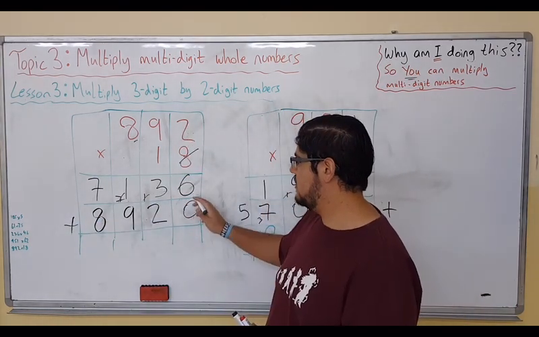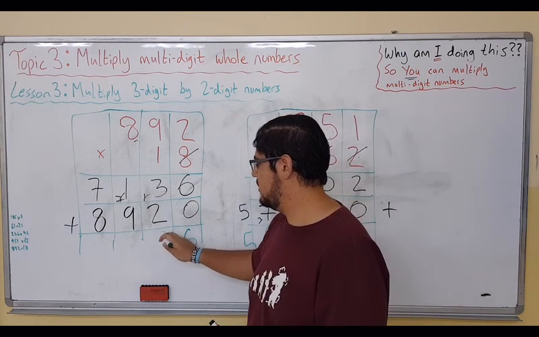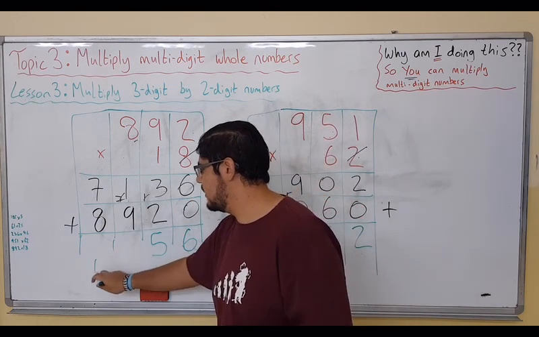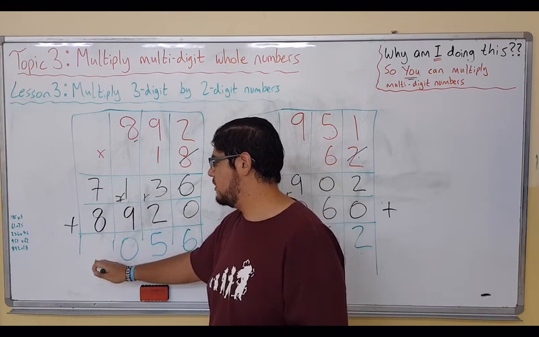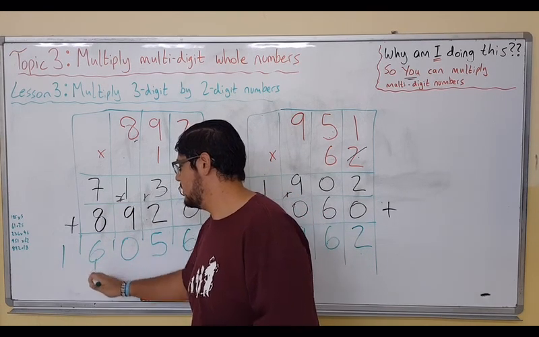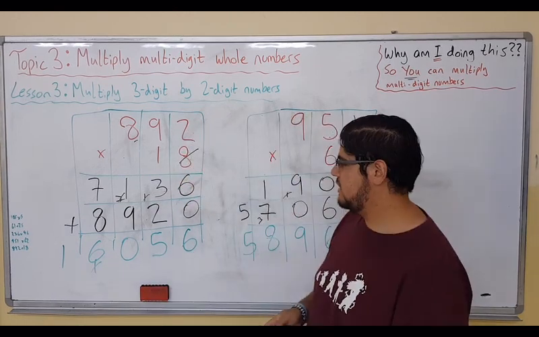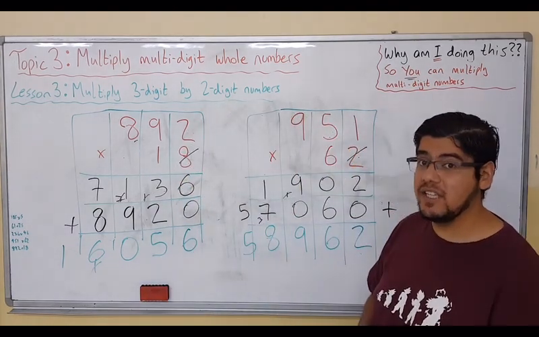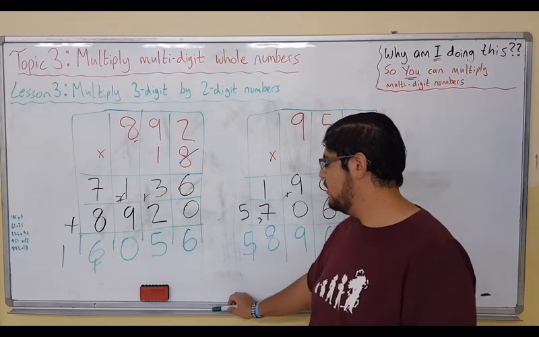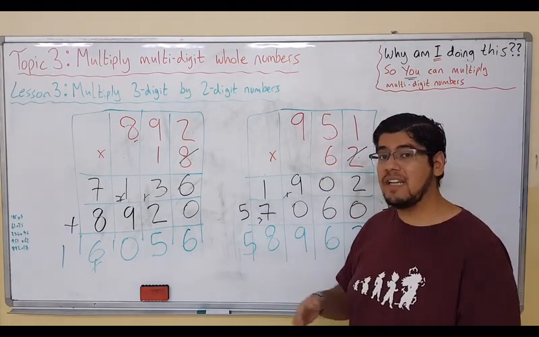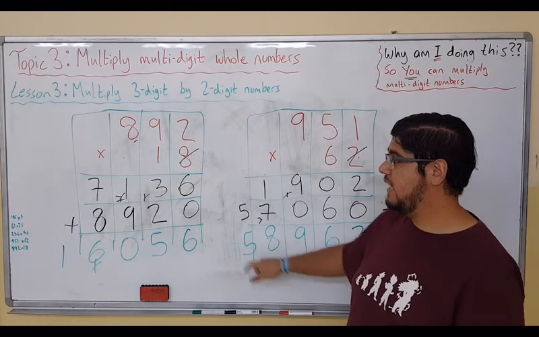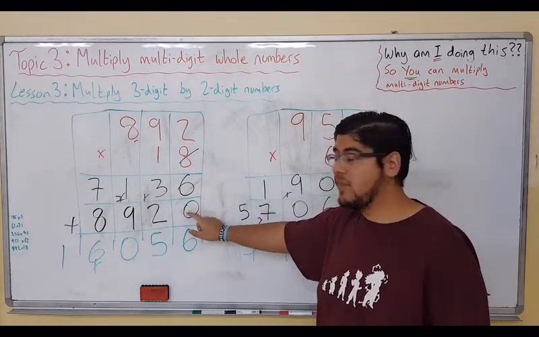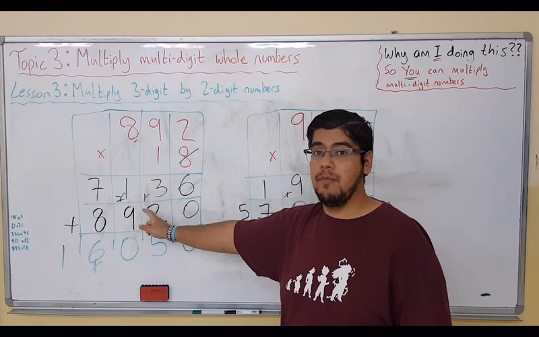Our final answer, 6 plus 0, 6, 5, 10, 7 plus 8 plus 1, 16. 16,056. Okay, guys? So, practice, practice, practice. Use the grids. Don't forget to cross out a 0 and cross out the carries when you use them. Okay?